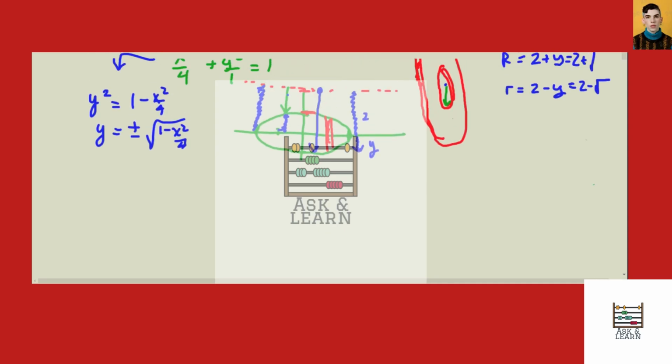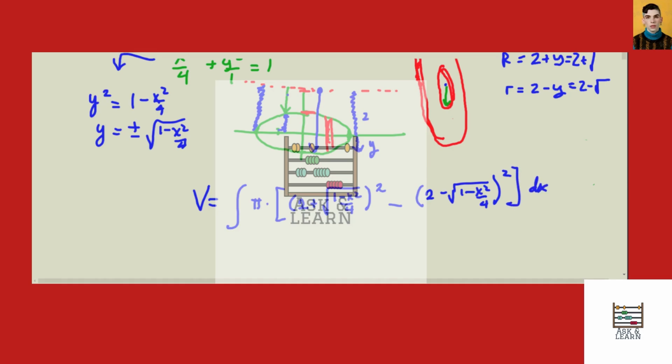Okay, so then the volume is going to be the integral of pi times big R squared, 2 plus the square root of 1 minus x squared over 4, quantity squared, minus little r squared, which is 2 minus the square root of 1 minus x squared over 4, squared, dx.